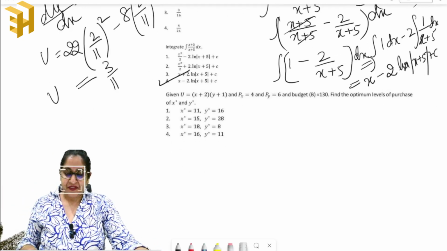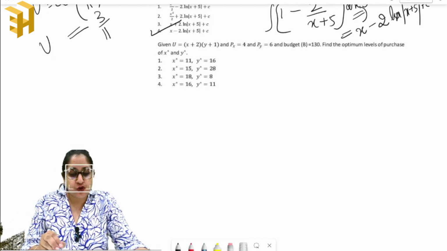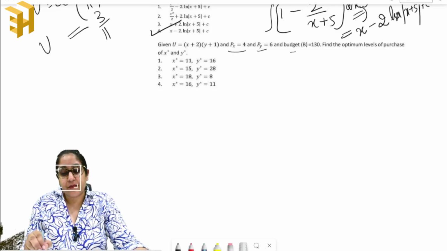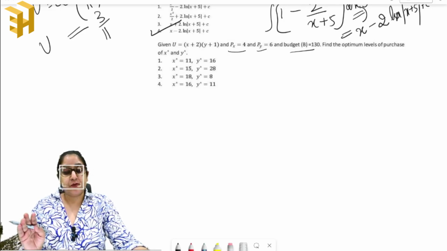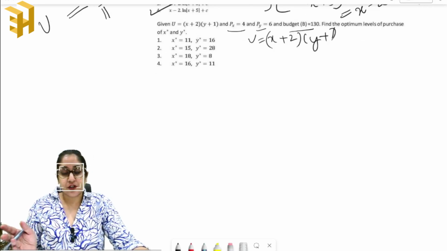Okay, next question. Now, if u is given as (x plus 2) into (y plus 1), px is given as 4, py is given as 6, and the budget is given as 130, find the optimum level of purchases of x and y. This is the utility function that we have.